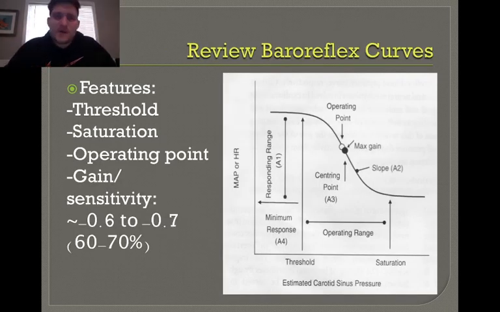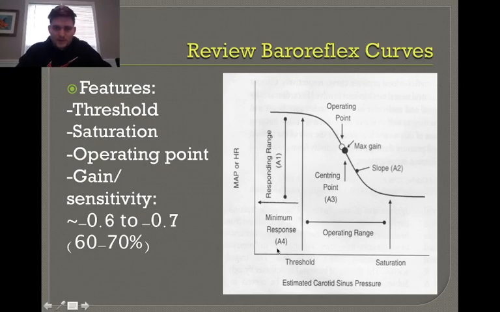But first, we should review our baroreflex curve, which you see here. So, this is our baroreflex curve. As you could see, our bodies operate in this operating range here. Our minimum point of our reflex response is called our threshold, and then our maximum point of our reflex response is called the saturation.